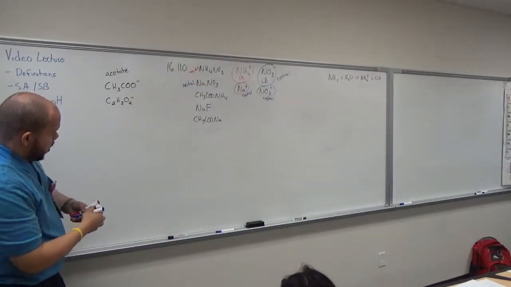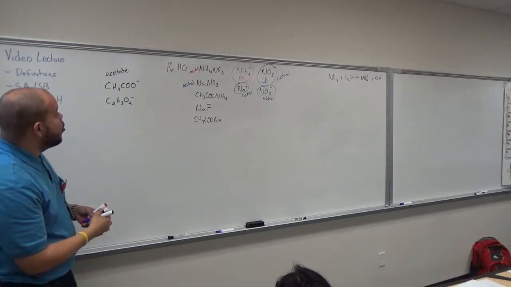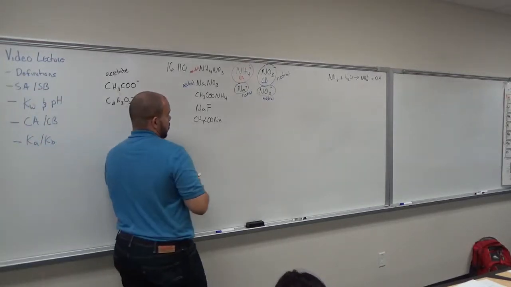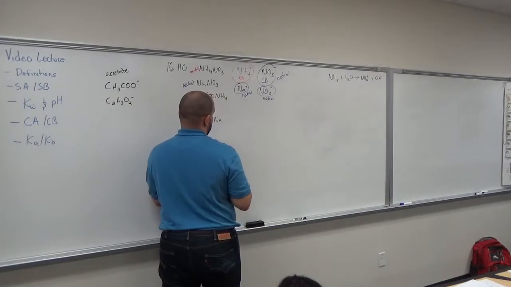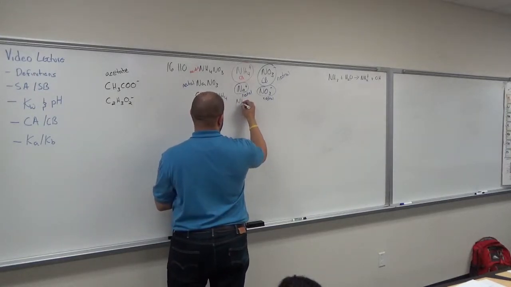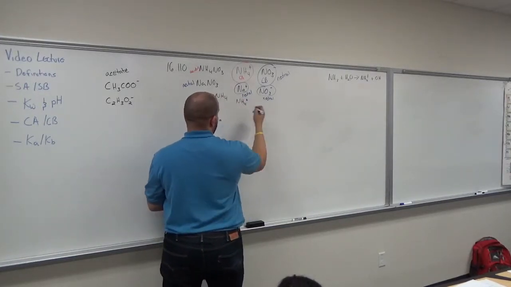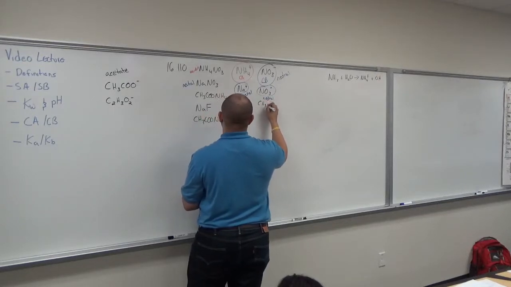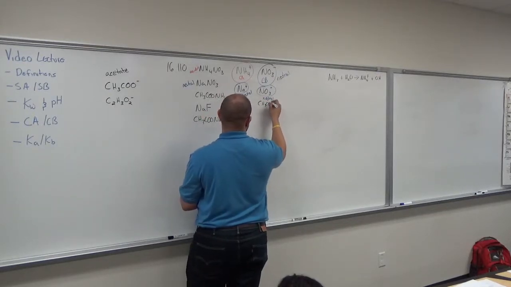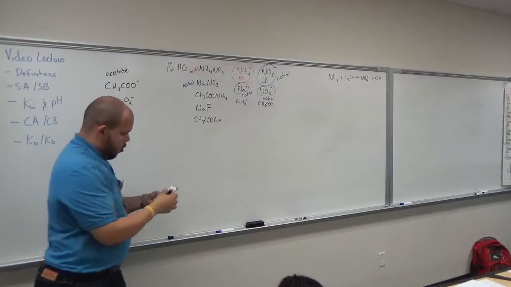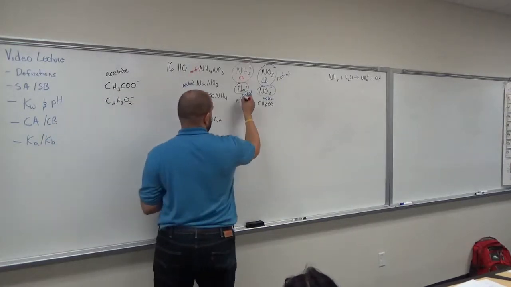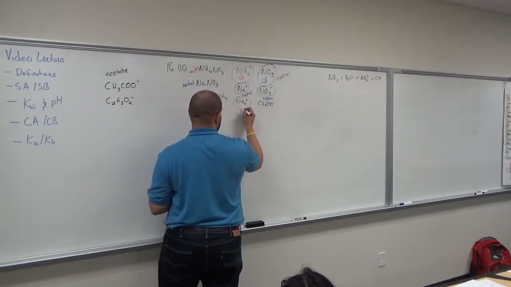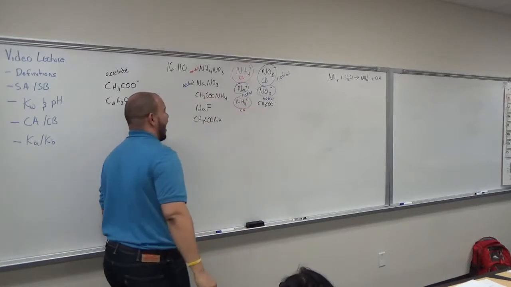All right, now we have ammonium acetate, and I'm going to keep ammonium in the front just because we're trying to keep it consistent. Ammonium and then acetate, CH3COO negative. Now, we already said ammonium is the conjugate acid, is acidic. Now, what about acetate?